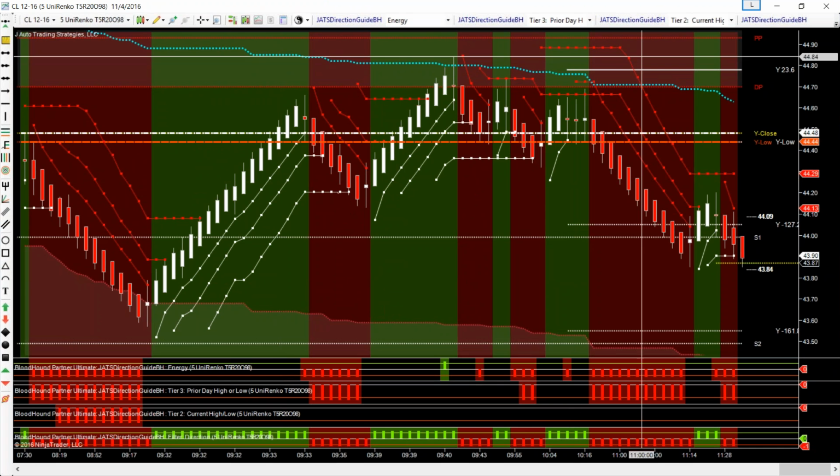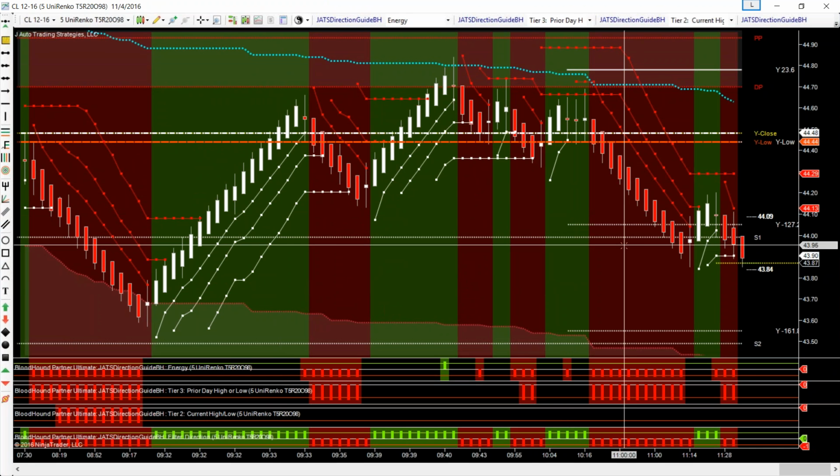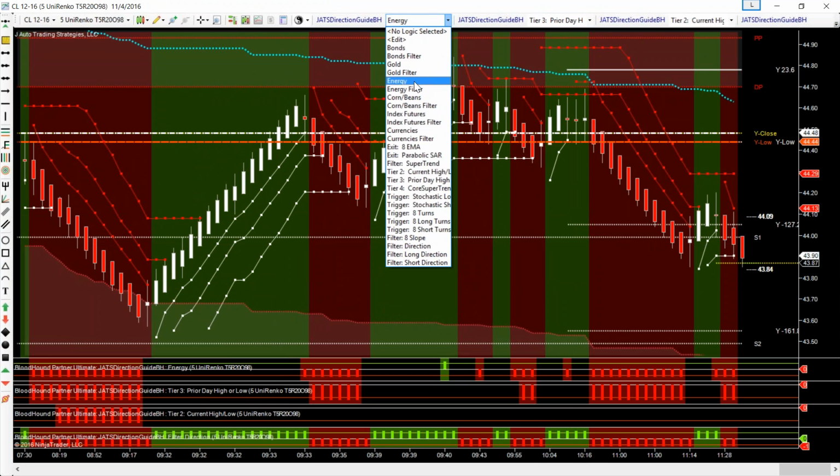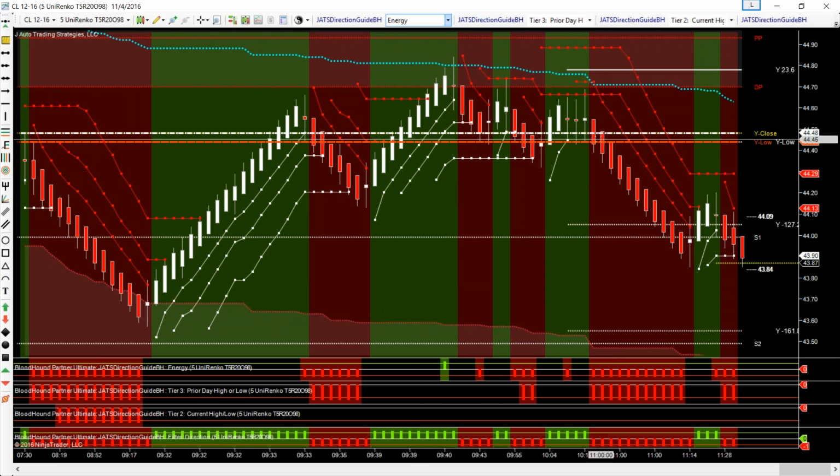So this is the direction guide template, and I've got it set up so that you can set it to the market that you're in. It has a solver in here for the regular trading hours session that will tell you when the market is trading in the direction of the open to the close on that RTH session. So that solver's on the top.